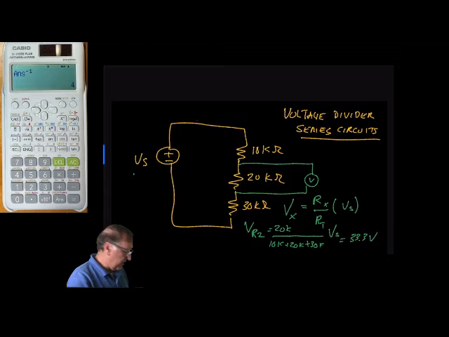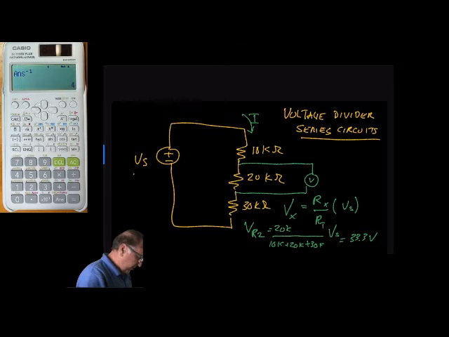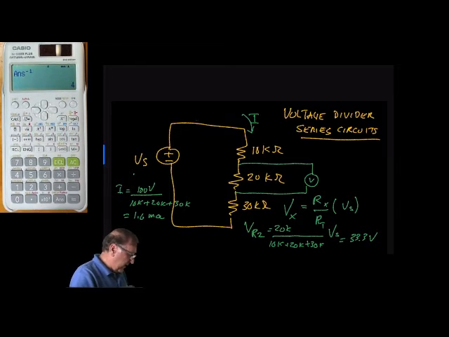Before, you would have to calculate the current in the loop, I, which is I equal to 100 volts over the 3 resistors, 10k plus 20k plus 30k, and that equals 1.6 milliamps. So then we calculate the voltage across R2.